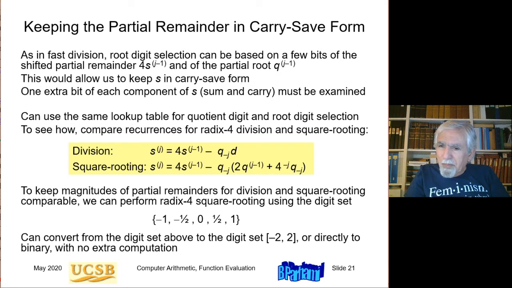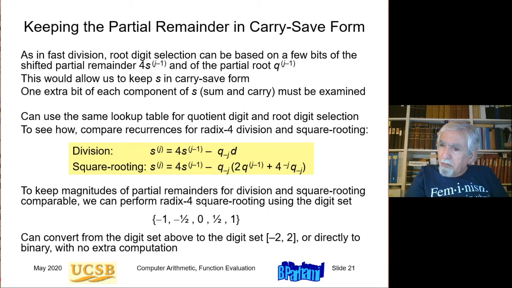Okay, but the process is a little bit more complicated here because there's more uncertainty as we are developing the root. Remember, the root is also the divisor, using the division analogy. So in division, we did have the full divisor in front of us that we can use in estimating the next quotient digit.